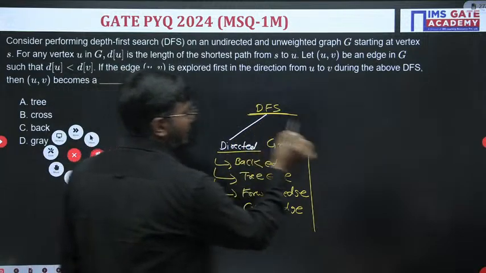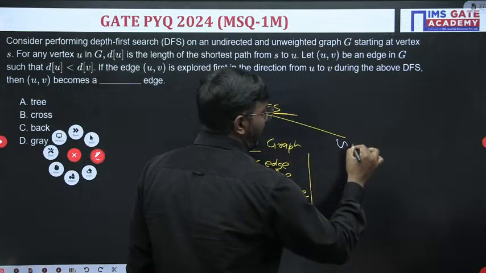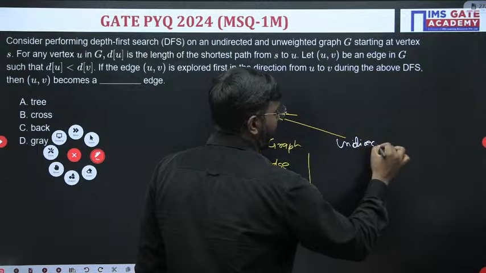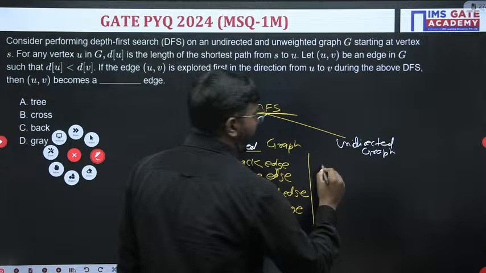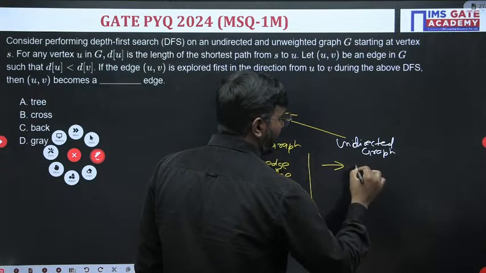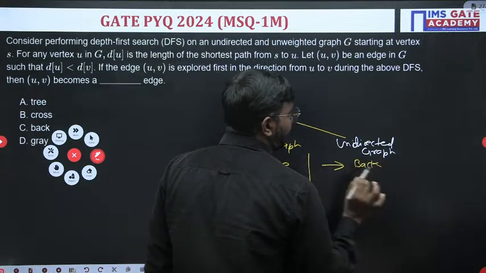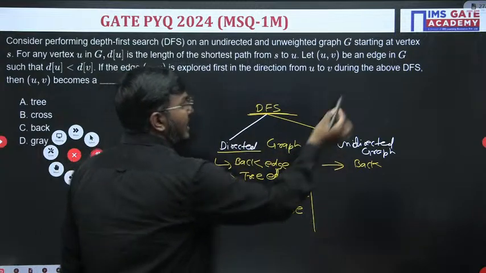But if you perform the DFS on an undirected graph, then only 2 types of edges are possible. One is the back edge. There is no forward edge, because in an undirected graph there is no direction.